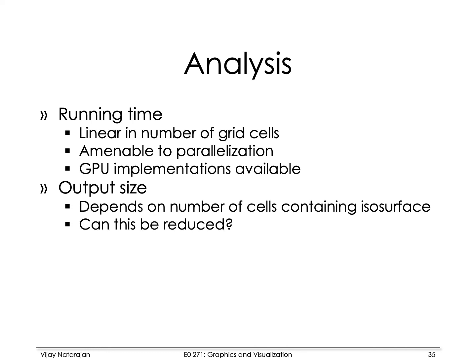The question is, can this be reduced? From a first look, it seems like this is impossible. You have to consider every voxel that contains the isosurface. So how can we even reduce the number of triangles that you report for the isosurface? We will talk about this at the end of this lecture.